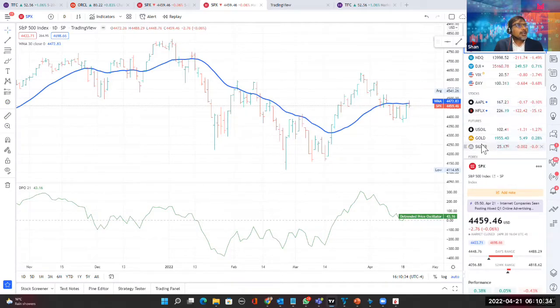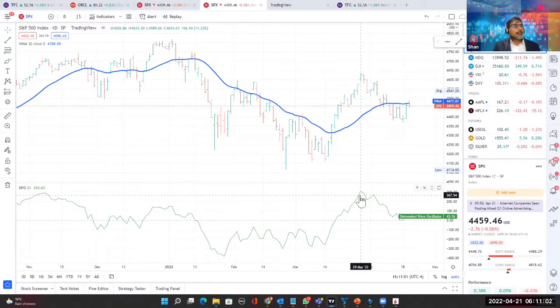Nasdaq is down by 211 points. Dow Jones is up by 249 points. That's interesting because of, I think, the other stock that we reported today, IBM. IBM is up today. So that's the reason Dow is up, and VIX is around 20.6.